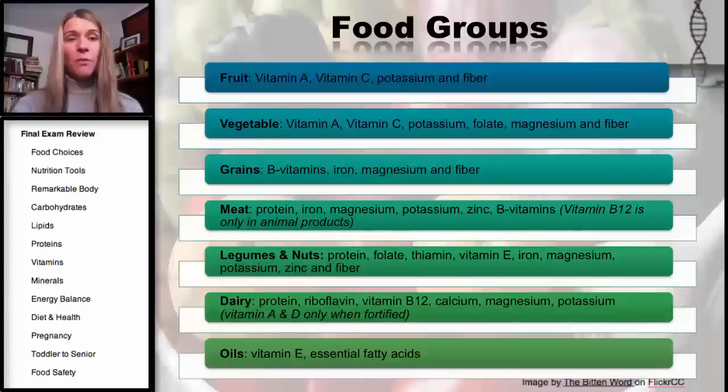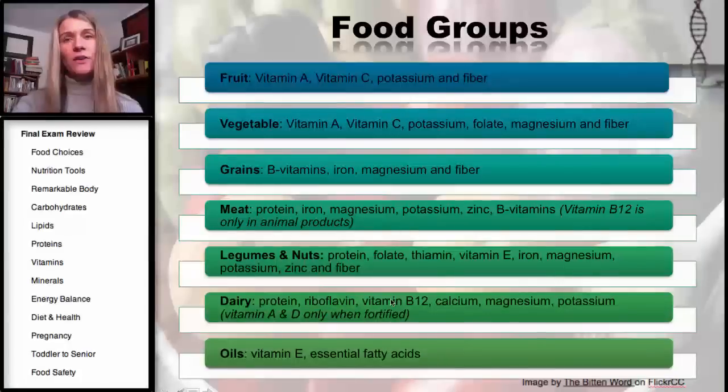Now, meat is important. A couple things to point out. Definitely iron, particularly with the beef. We also see magnesium and zinc, so we think more of our heavy metals. But also B12. Remember, B12 only occurs in animal products. Legumes and nuts, again, we have the protein, the fiber, the folate, vitamin E, and also some essential fatty acids within this group, especially with the nuts.